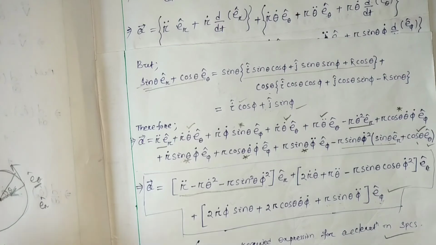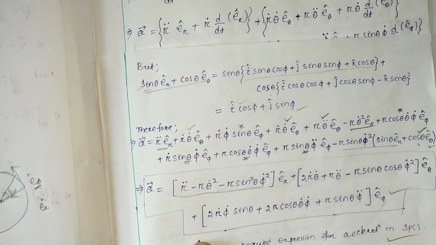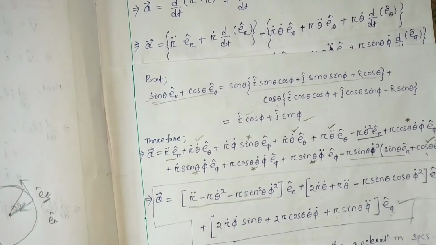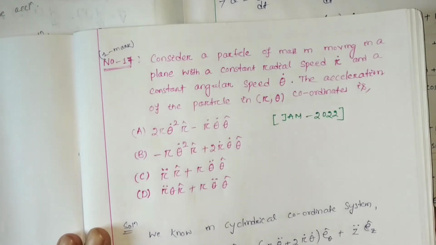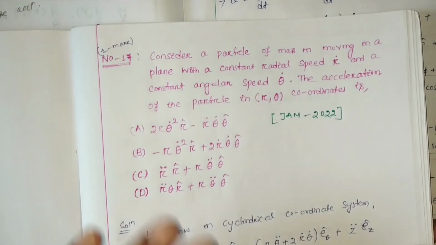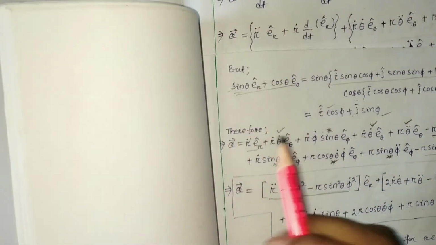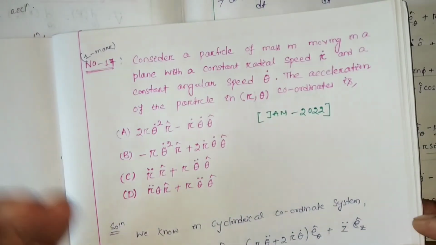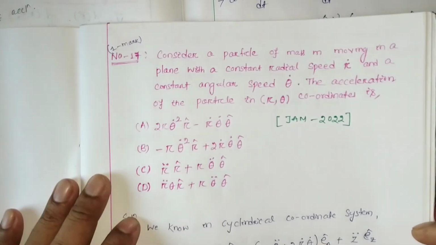In our next class we are going to discuss how these expressions are very important for different examinations. That means we are going to discuss some questions already asked in the JAM examination based upon these expressions: acceleration and velocity in spherical and cylindrical coordinate systems.